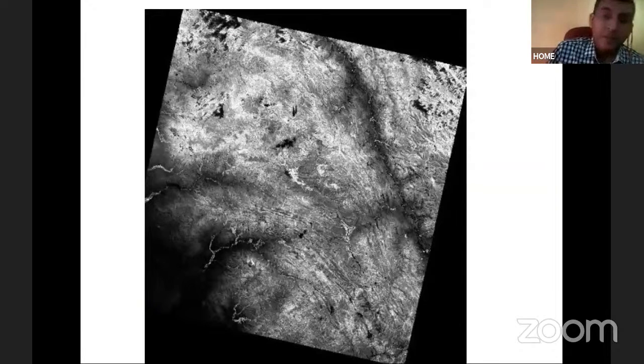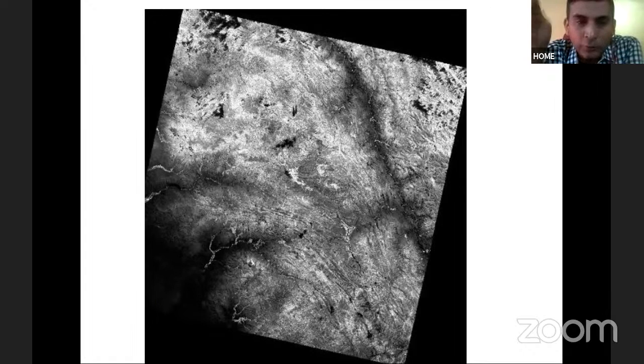Now in the last image we saw vegetation in white. Here the vegetation is showing in black. How do we know? If you look at the linear patterns in the left bottom side of the screen, you will see linear patterns, something like a river, an irregular pattern flowing. So when the river is showing in white, it means vegetation should be in black. Okay. So in this specific patch, wherever there are black patches, that is all vegetation.